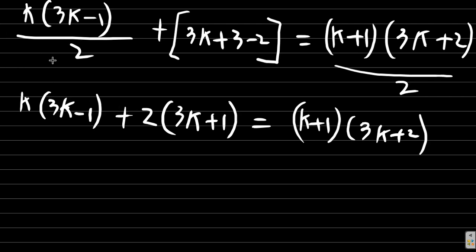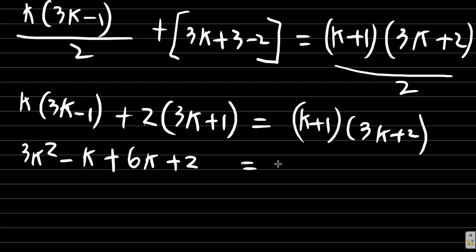And then if you multiply out the brackets, you'd have 3k squared minus k plus 2 3s are 6k plus 2 1s are 2, is equal to, multiply out the bracket here will give you 3k squared, 3 times 2 plus 2k, 3 times 1 plus 3k, plus 1 times 2 is 2.